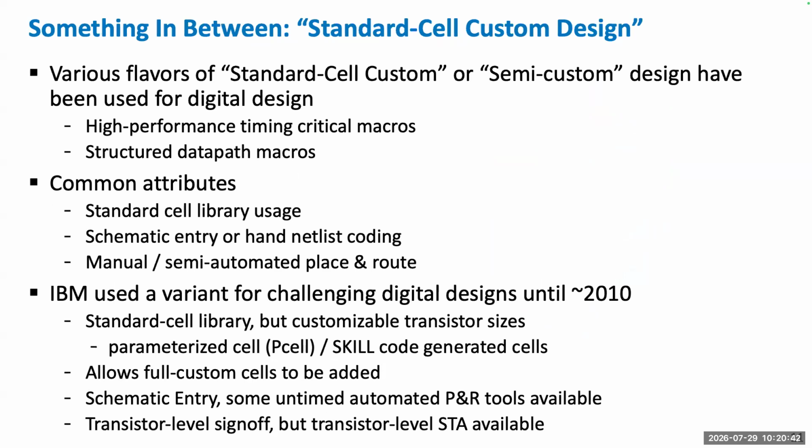Now, I'll talk about something in between briefly. This is what I would call either standard cell design or semi-custom design. It's been around for a while. High performance designs, we would do this in the order of 10, 15 years ago. And you may mix and match those two aspects. So standard cell libraries, but maybe a manual schematic entry or hand-coded netlist.